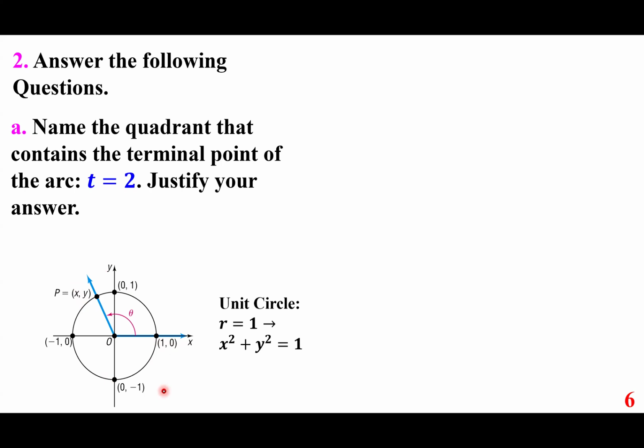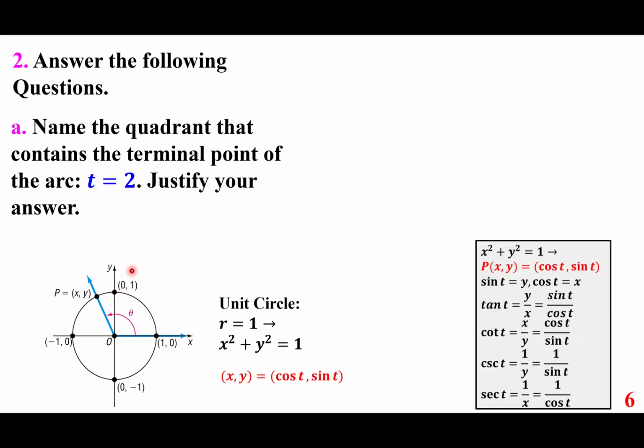What's even interesting is that x is represented by cosine and y is represented by sine. For example, you can easily see this one is 0 degrees. So cosine of 0 must be 1, sine of 0 must be 0, cosine of pi over 2 must be 0, sine of pi over 2 must be 1, and so on.